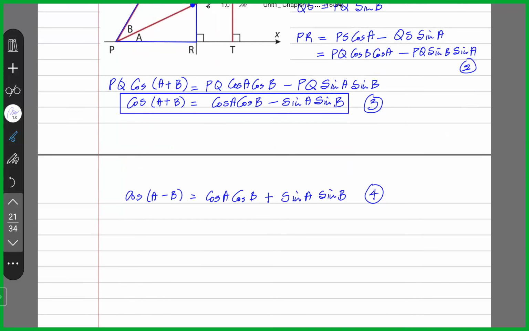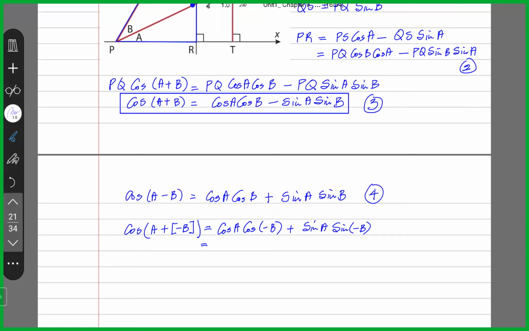Here's how we would go about it. I can say that cos A minus B would be the same as saying cos A plus minus B. So this would be cos A cos minus B plus sine A, the sine of minus B. Now, the cosine of B and the cosine of minus B are the same.